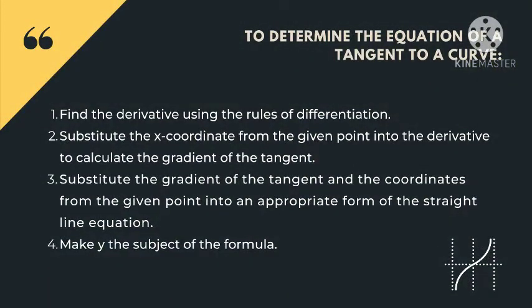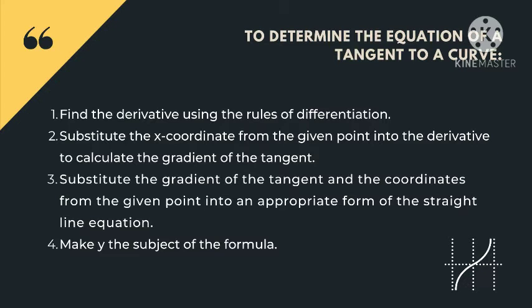And then, how to determine the equation of the tangent to a curve? How? You can look at the presentation. We have 4 steps to determine the equation of the tangent to a curve.